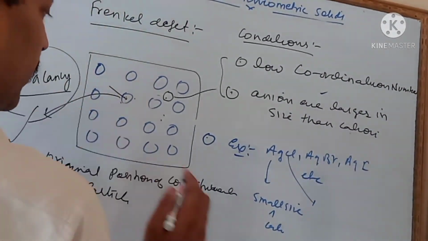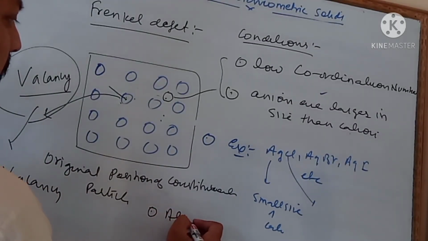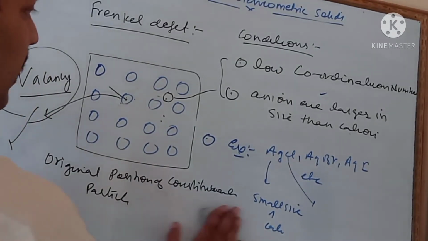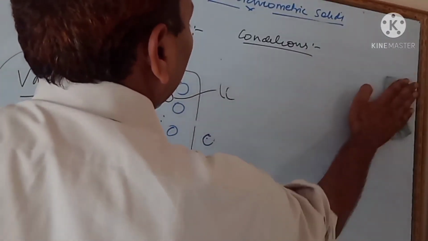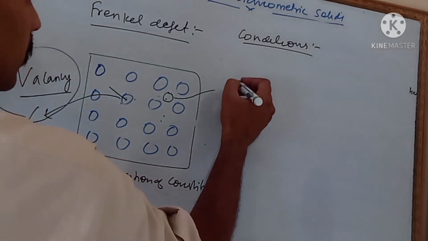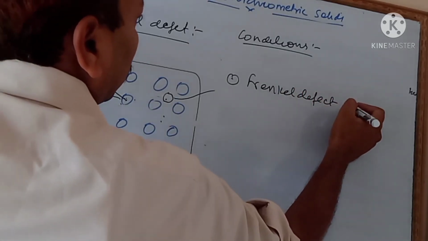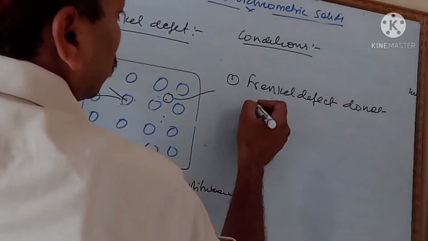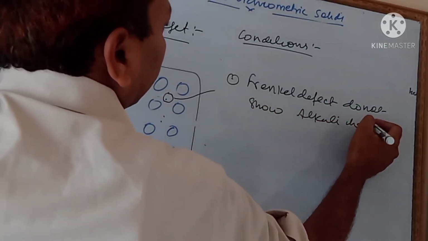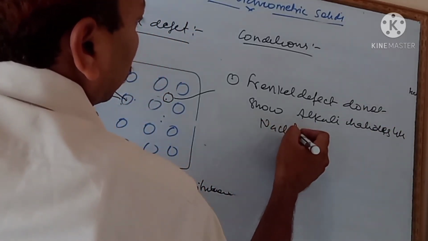Now, there is one very important line. Pure alkali metal halides do not show Frenkel defect. Okay, the answer you will get from condition number 2. Frenkel defect is not shown by alkali halides like NaCl. Why?